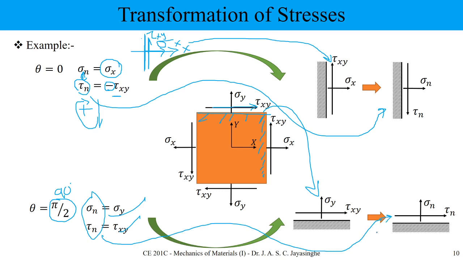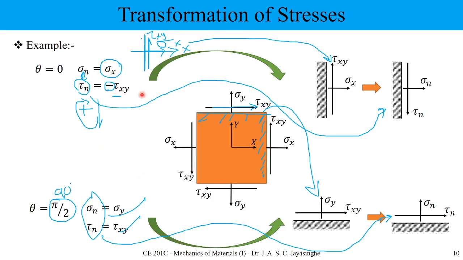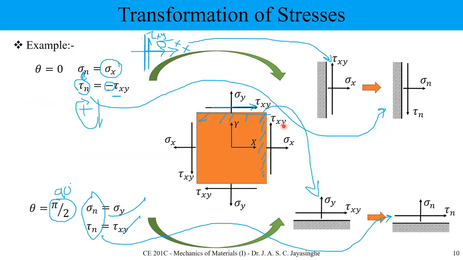Now we have confidence in these two equations. They are working. This is a way of cross checking these equations. You put in what you know and check whether it is working. Of course we know it should work, but you can get confident about the equations we developed.